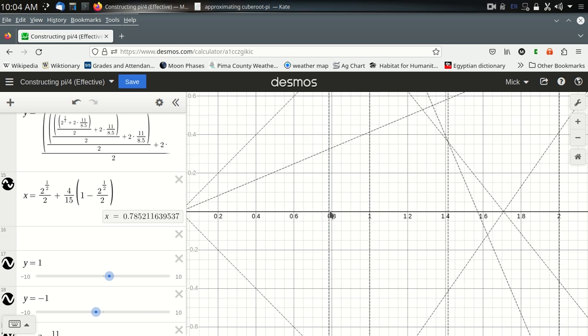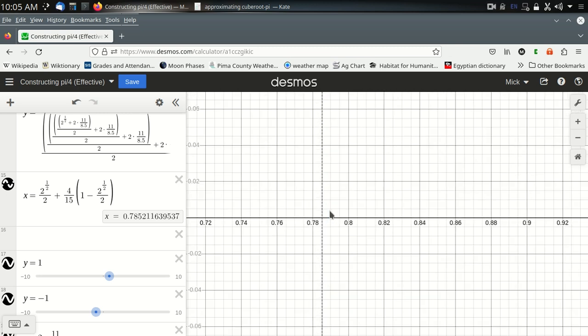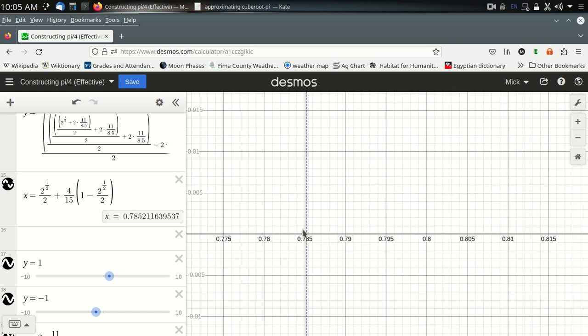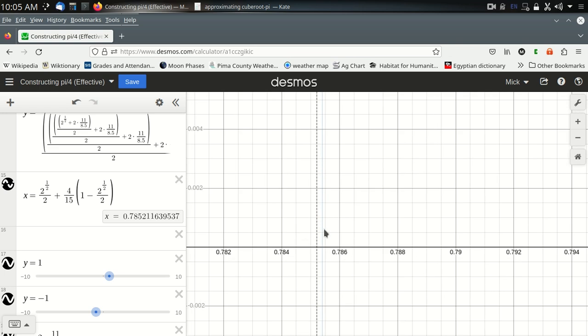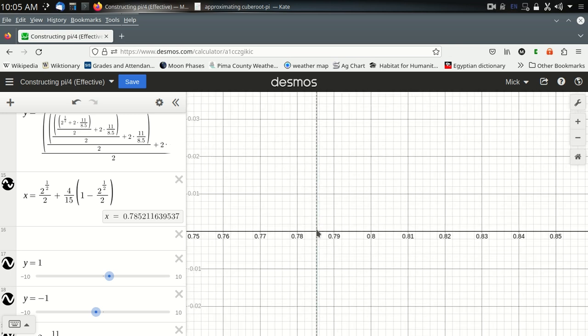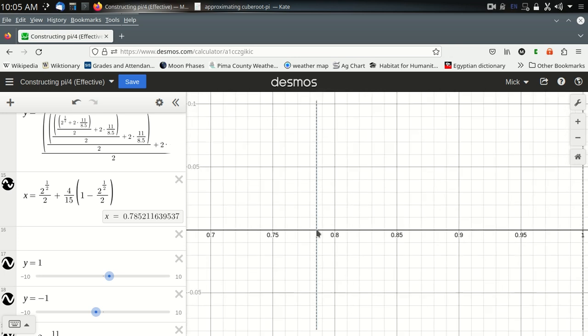So I can zoom in here and you can see how accurate this is. There, it's just now starting to show up. So there's actual pi on 4. There's our crease. Even at this scale, you can't see the difference.